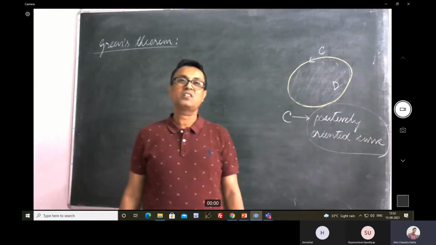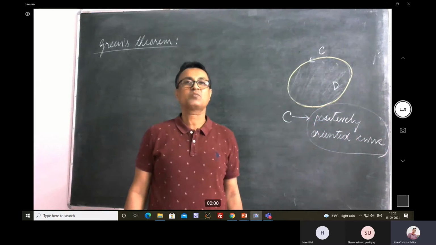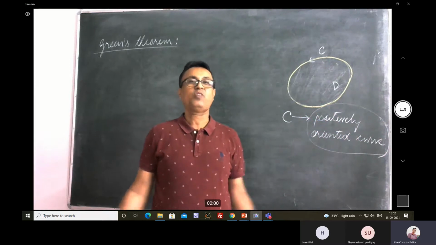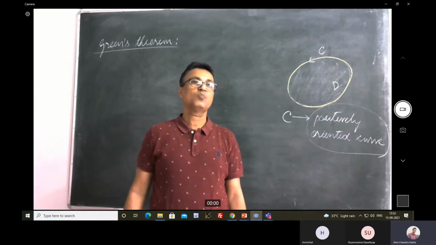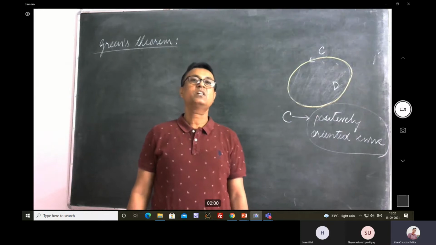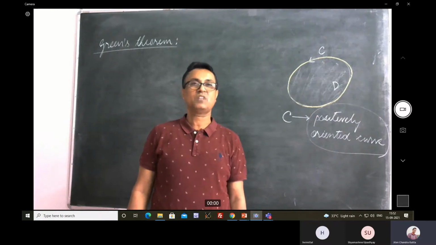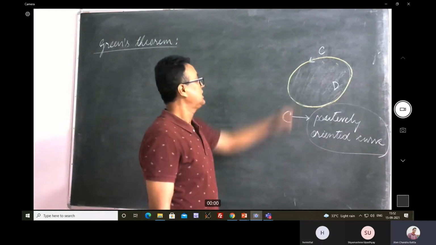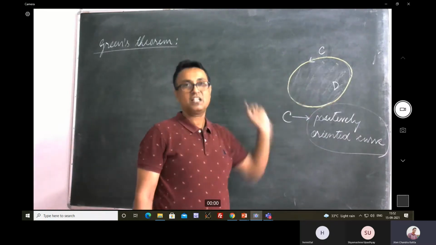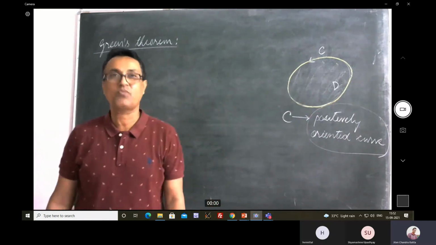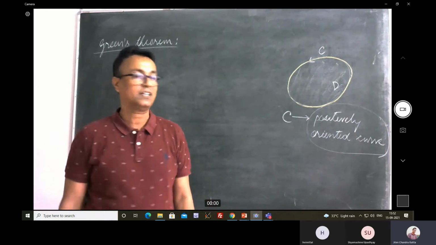Is the meaning of this only anti-clockwise? Because so far we have learned that whenever you move in the anti-clockwise direction, we assume that that is the positive direction. Is it so, or is there something else? Of course, in this particular case, definitely, anti-clockwise is fine, but it is more than that.